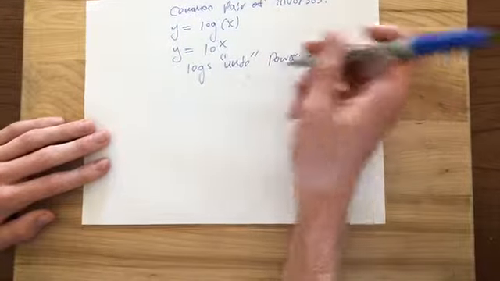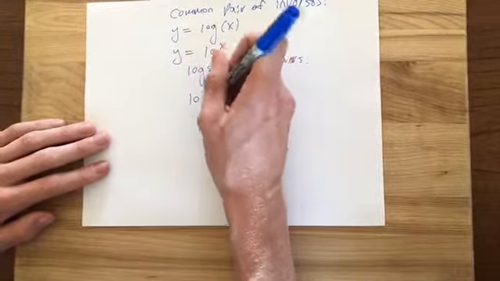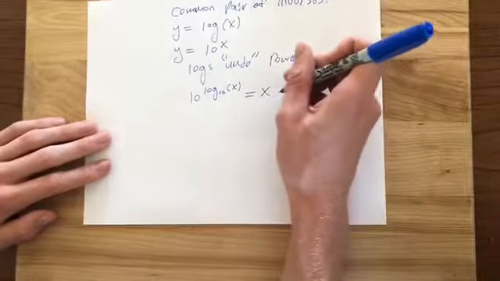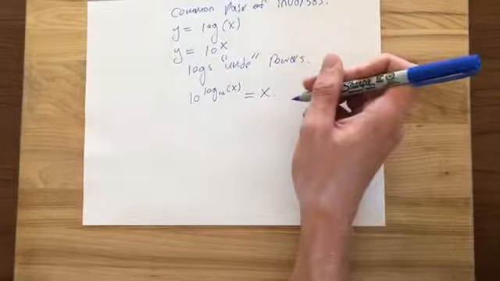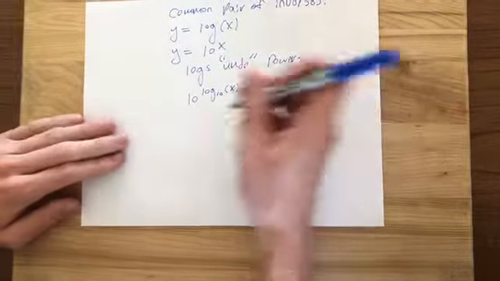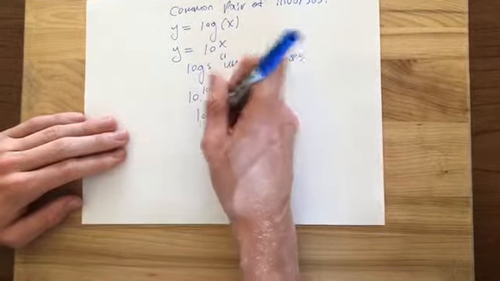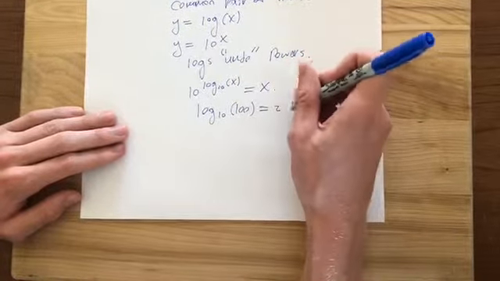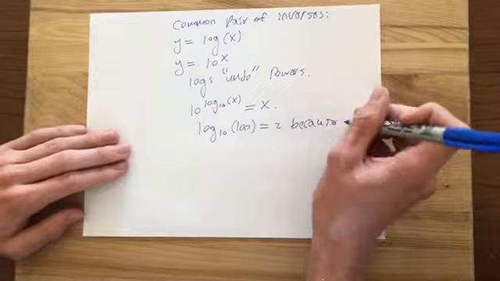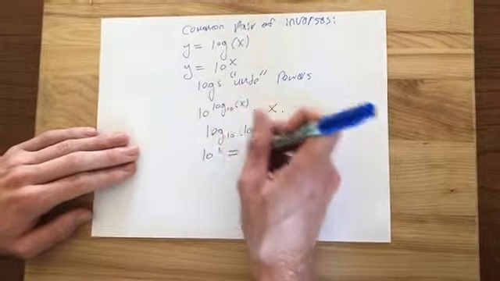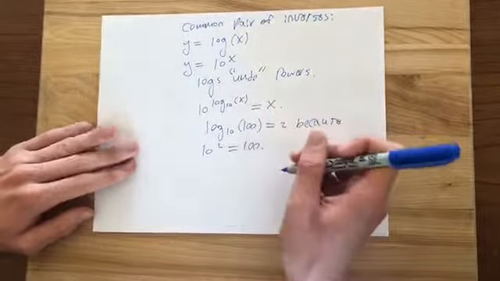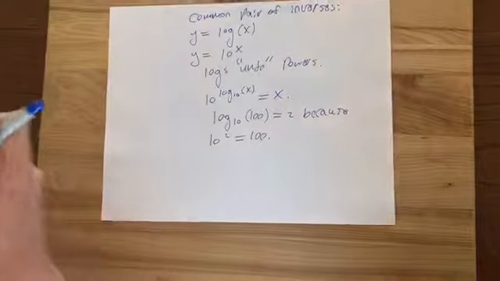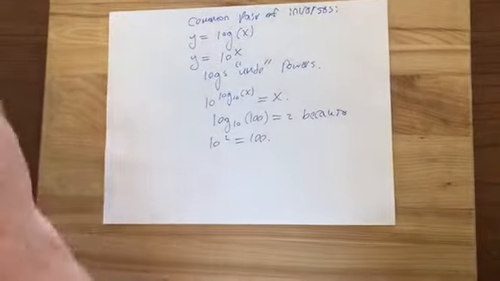So 10 to the log base 10 of x is just going to be equal to x, because these two functions are the inverses of one another. And so log base 10 of 100, for example, is going to be equal to 2, because 10 squared is equal to 100. That's another example. We're switching around the x's and the y's for these two functions.